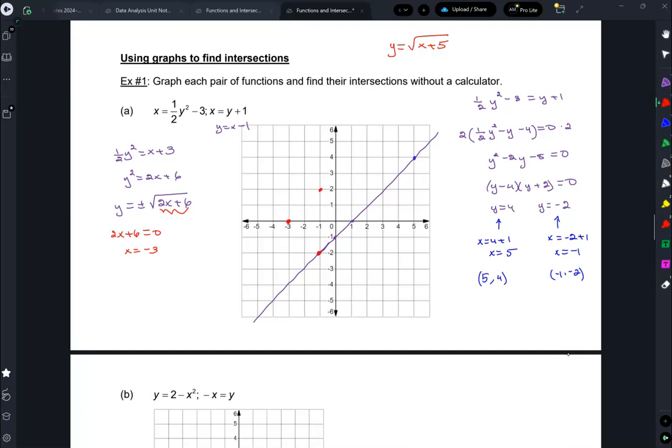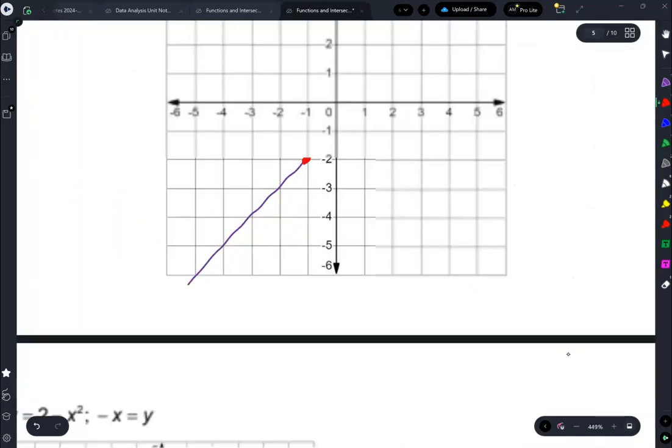Yeah. And then I know there is another point over here, right? Because that's going to be a point of intersection up there. So I'm just going to go this way, and then I can mirror it here. Right? Isn't that beautiful?